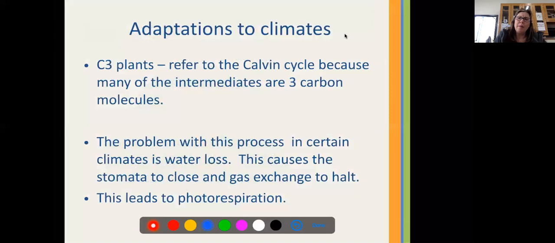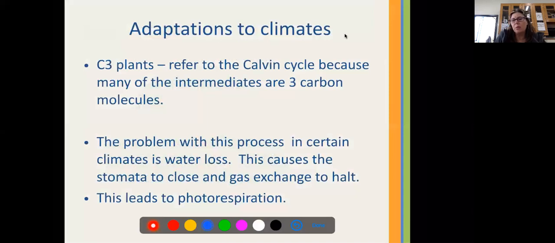There is a problem though that plants have with normal photosynthesis, and that is when it is hot and dry outside, they're going to lose a lot of water. And if we lose a lot of water, it's going to cause the stomata to close. And now that our stomata are closed, we can't get gas exchange, and so gas exchange comes to a halt.